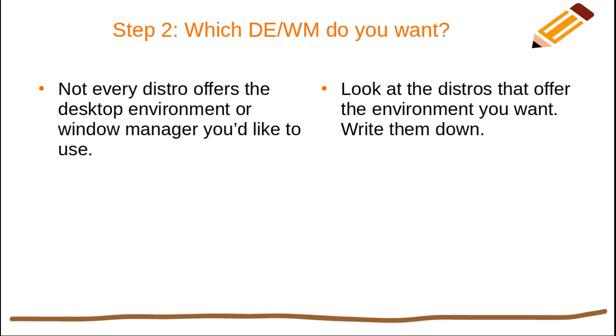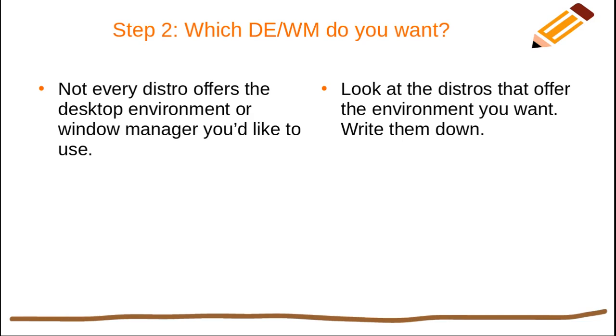Say if you want a specific desktop environment, like the Deepin desktop environment, not a lot of distributions offer it. So you do have to think about that first, because really, when you think about it, despite the fact that behind the scenes the distribution may be different, what you're going to be working with and looking at for the most part, the desktop environment or window manager, that's what's really going to matter, in my opinion, because that's what you're going to be working with most of the time.